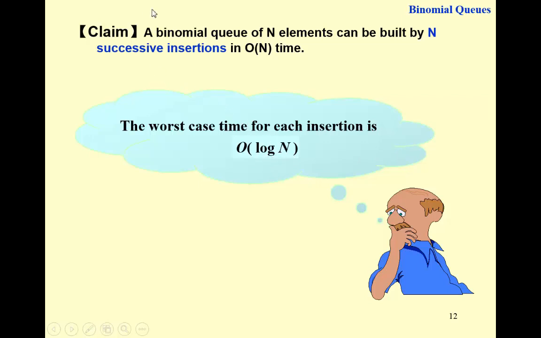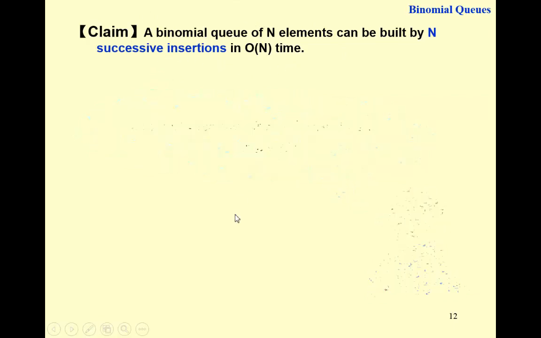But what we are trying to prove is that the amortized time for each insertion is supposed to be a constant. And to do amortized analysis, we have studied 3 different methods, right? And so let's try to prove it with different methods so we can get a clearer picture.